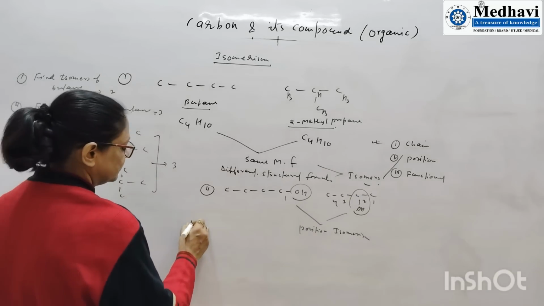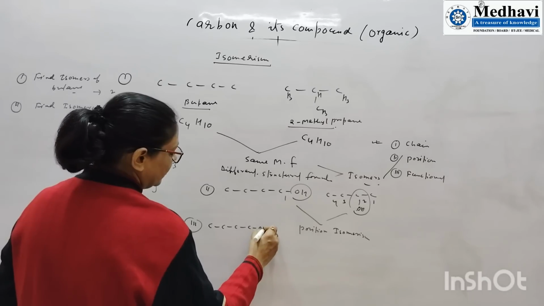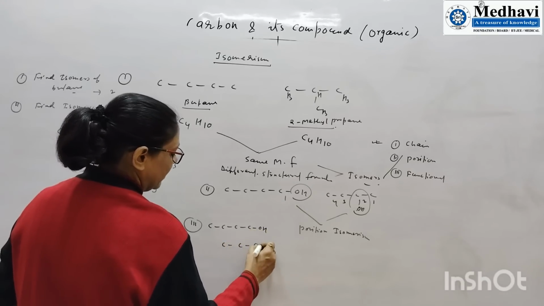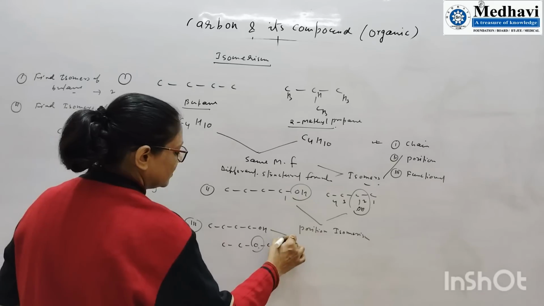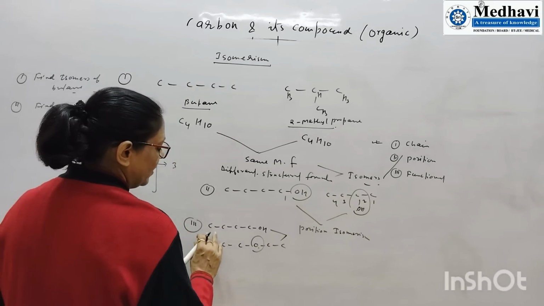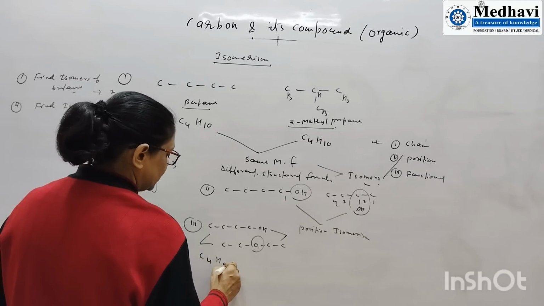And third one is, suppose this is the compound and one more compound here, that is not in the syllabus, an ether group. If you see the molecular formula, then you find C4H10O.